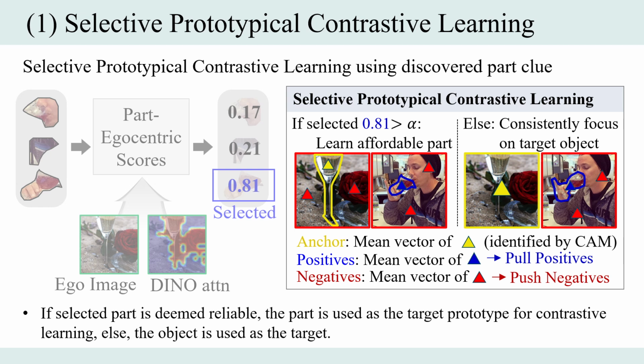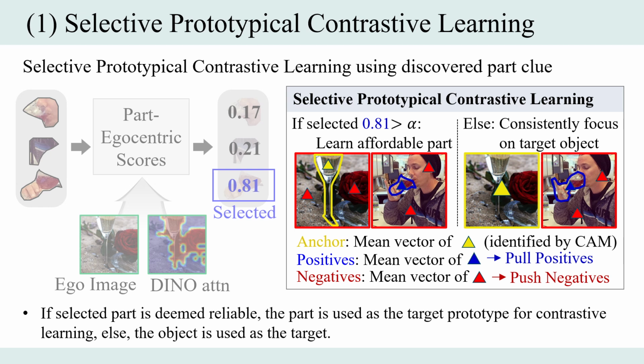Specifically, the anchor is the object in the egocentric image, which is the averaged representation of the object region identified by CAM. And the part region in the exocentric image marked with blue serves as the positive target, while all the leftover patches from both egocentric and exocentric images serve as the negative target.